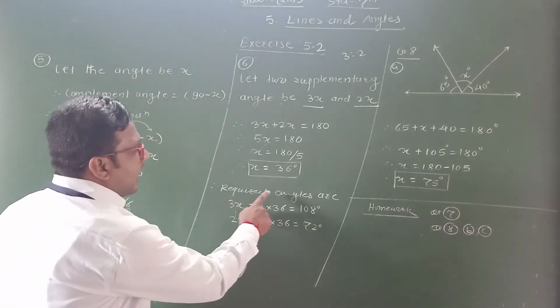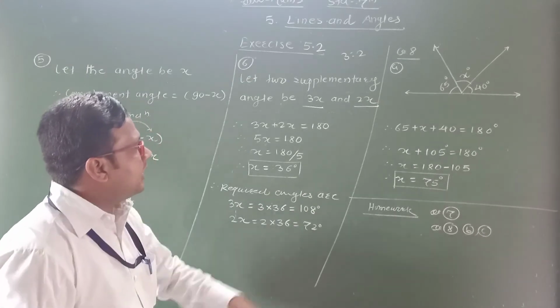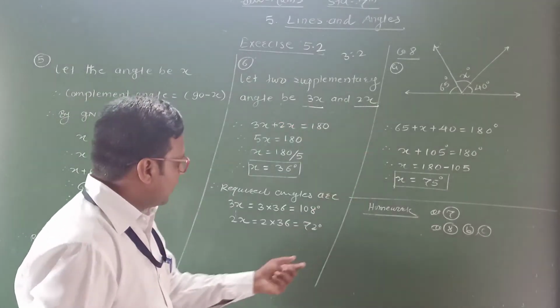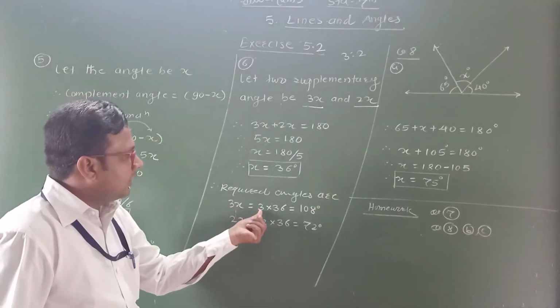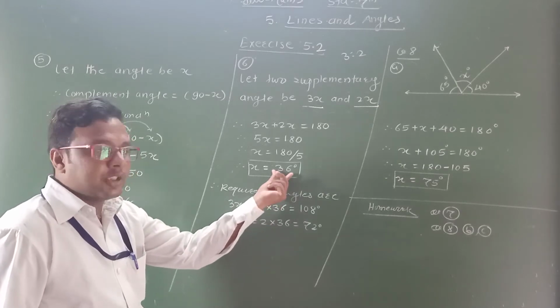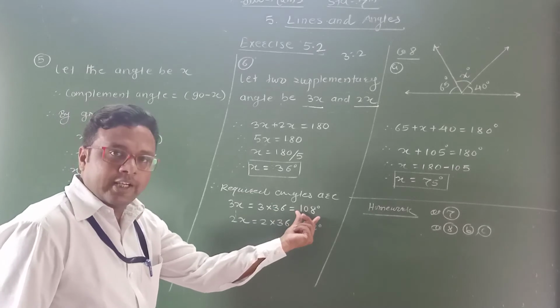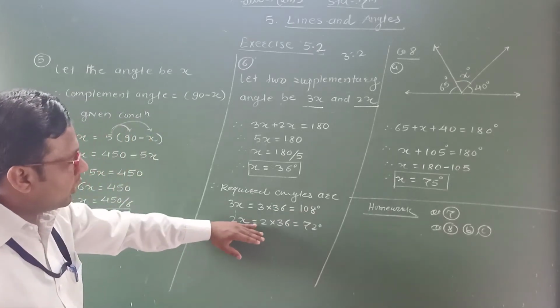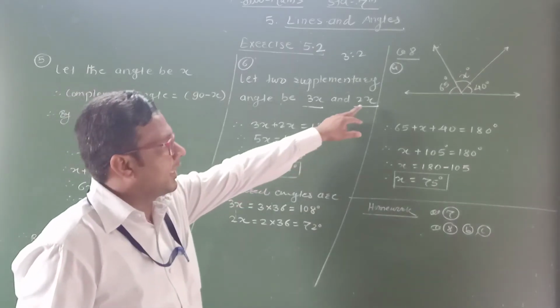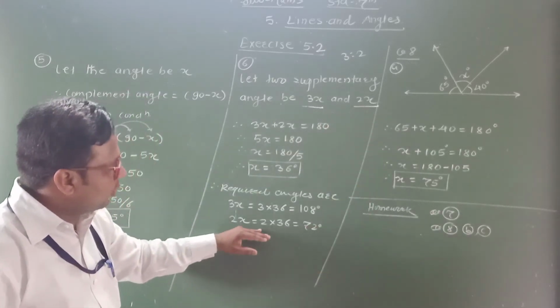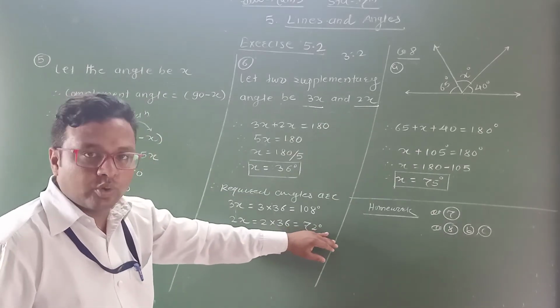Therefore the required angles are 3x and 2x. 3x is equal to 3 into 36, we get 108 degree, and 2x is equal to 2 into 36, that is 72 degree.